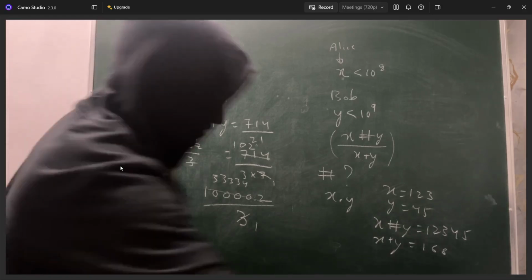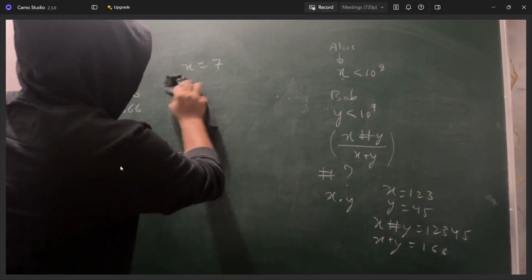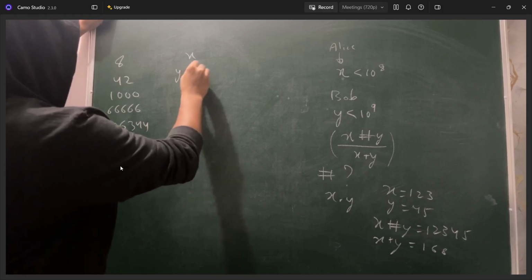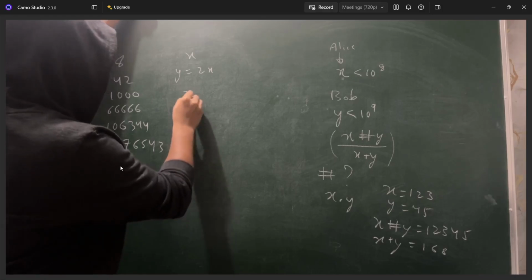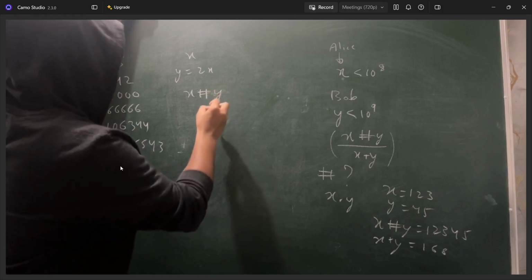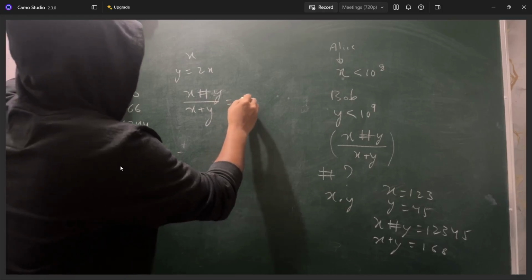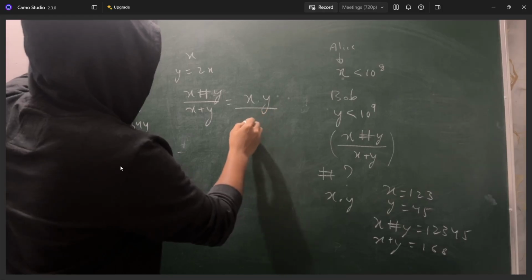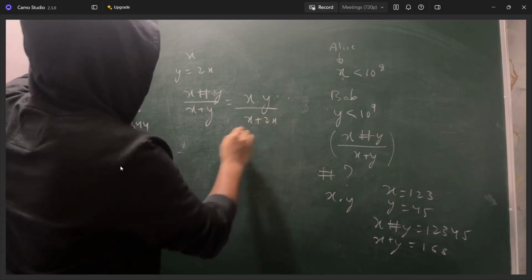So again we can generalize in the same way: for a given x, y will be 2 times x. So x hash y divided by x plus y can be written as x concatenated with y, divided by x plus y, which is again 3x, right?